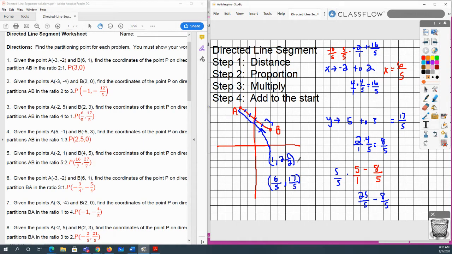Look at my estimate. I'm off. This right, 6 over 5 is really like 1 1/5. What's 17 over 5 as a mixed number? Let's see, 5 goes into 17 3 times. How many left over? So it's 3 2/5. That was my rough estimate. Bad rough estimate, but that's the actual answer right here.